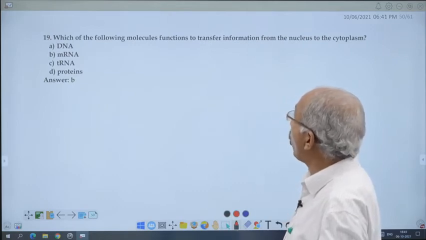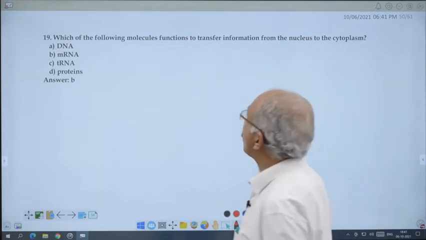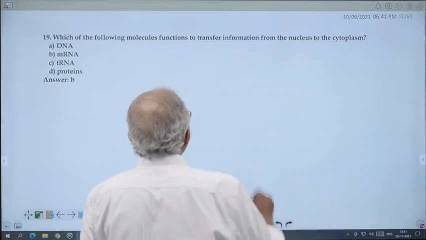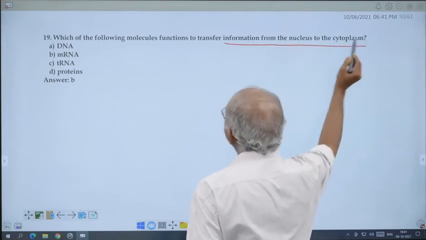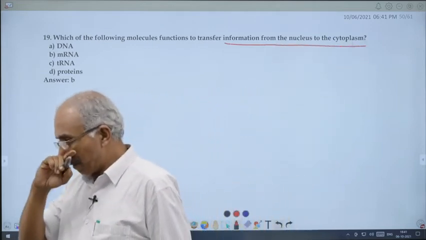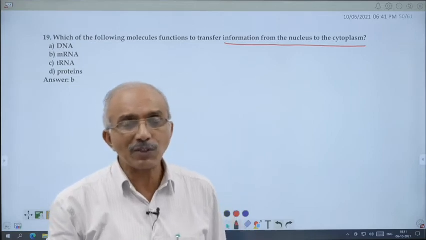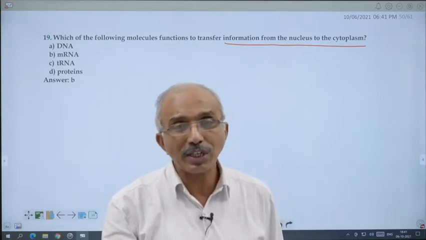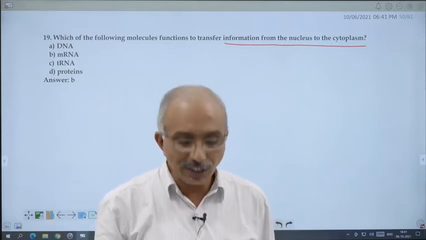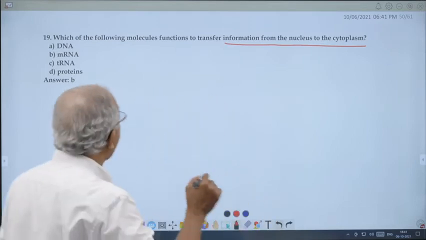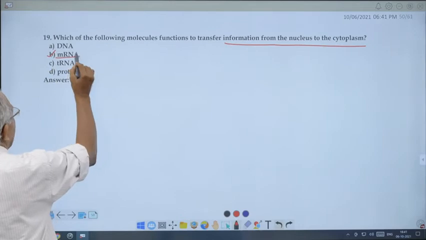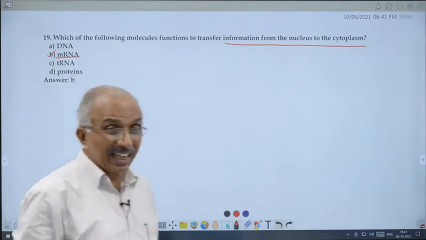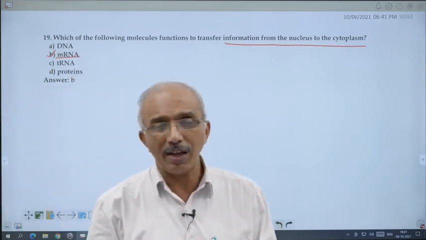Question number 19. Which of the following molecules functions to transfer information from nucleus to cytoplasm? Which RNA? It is mRNA, messenger RNA.